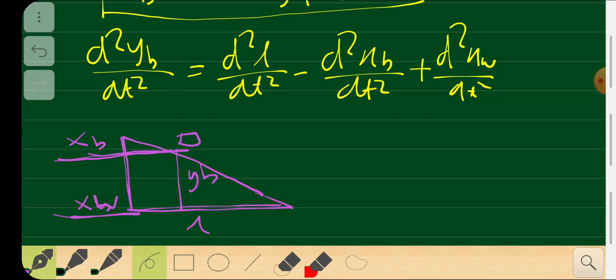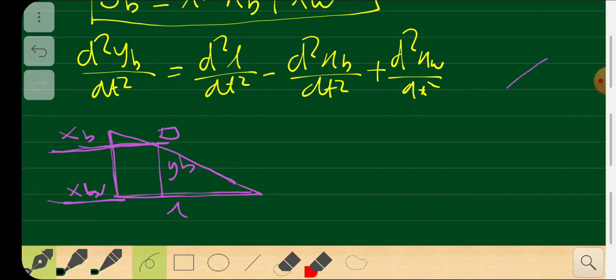So d square yb by dt square is the acceleration in the y-axis for the box. That is the component of acceleration in the y-axis, ay.